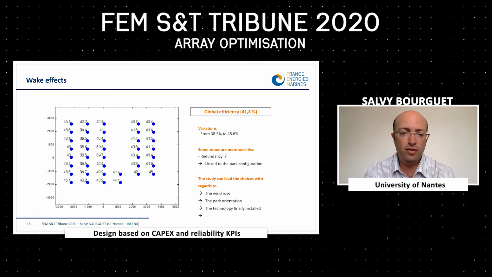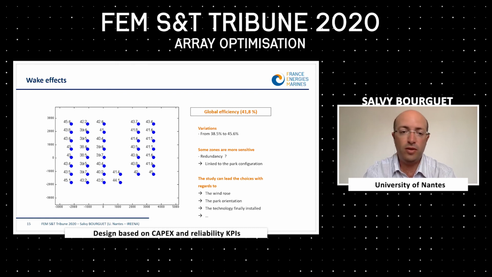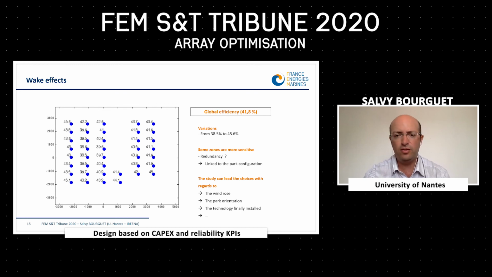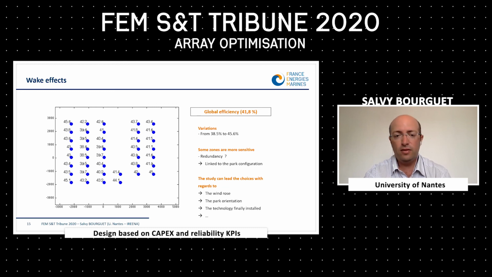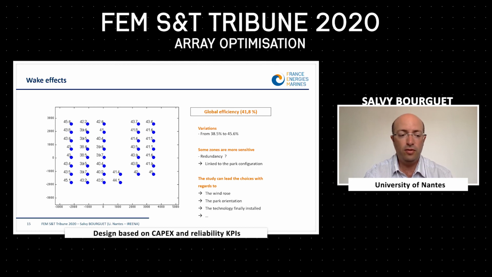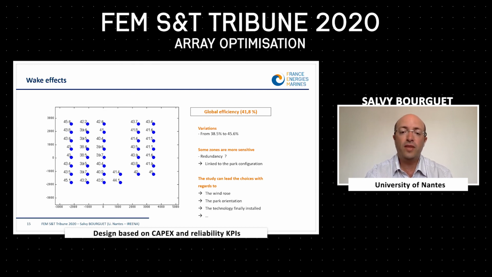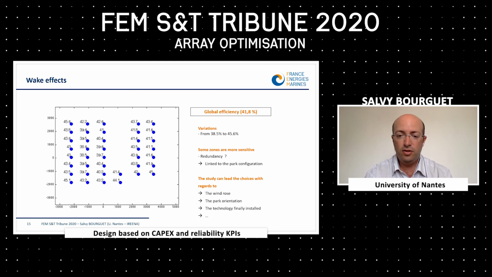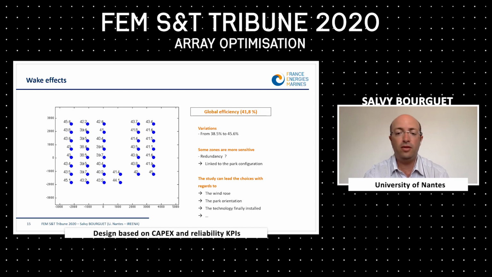But if we look inside, considering the wake effects, we have different situations, and we have variations of this efficiency from 38.5% for one given turbine to 45.6% for the external turbines of this configuration, which means that certain zones are more sensitive to this wake effect, and it is also something that we look at for the redundancy positioning if we need some in this configuration. And it is also, of course, linked to the park configuration. So this study can lead the choices with regards to the wind rose, the park orientation, and the technology we finally install inside.